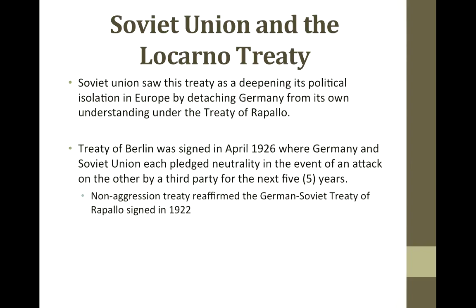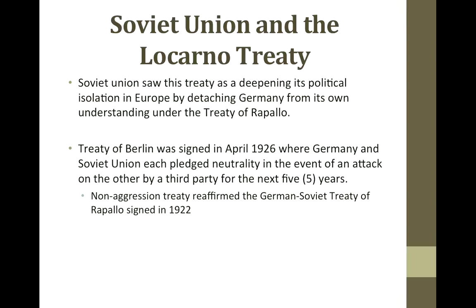Now, one of the key things that we should look at also would be the Soviet Union and the Locarno Treaty. The Soviet Union saw this treaty as deepening its political isolation in Europe. All right, of course, with the communist government in the Soviet Union, no one really wanted to interact with this communist regime.